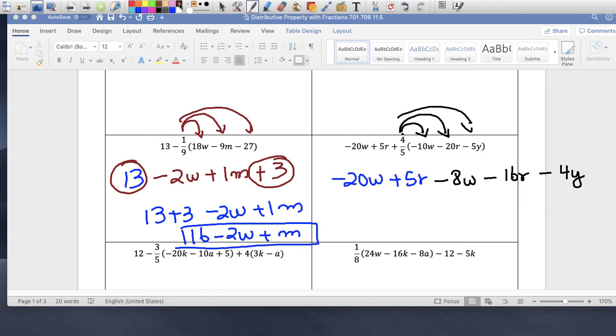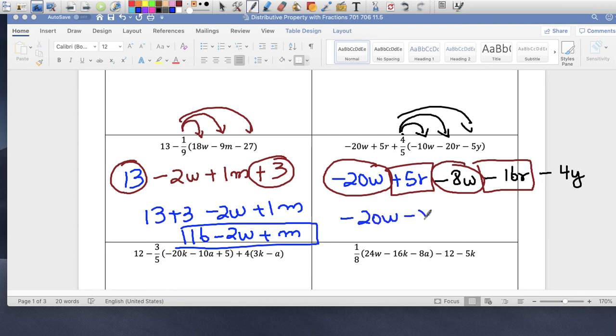Can I combine anything? Yes, I can. This guy and this guy. And then this guy is this guy. So let me put all the like terms together. You get negative 20w minus 8w, plus 5r minus 16r, and then minus 4y.